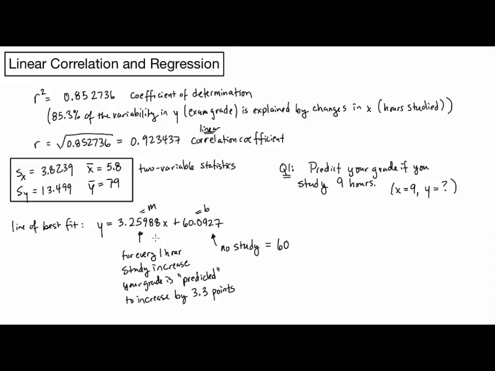So I'll solve for y equals 3.25988 times 9 plus 60.0927, and put it in the calculator. You should check this for yourself, we end up with 89.43. This is the approximate grade that you would receive if you were to study 9 hours.